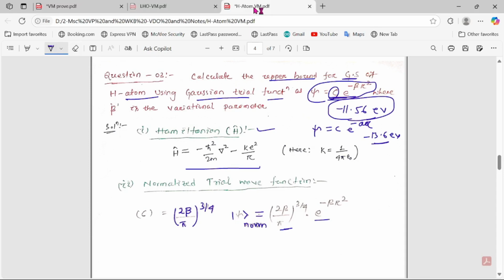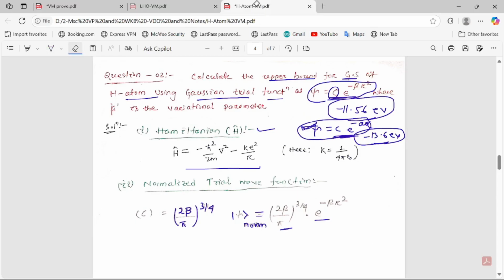But when we use the exponentially decreasing three-dimensional wave function, we can approach it. So which is the better trial wave function that we finally consider? This one, C e to the minus ar, is the most appropriate wave function to find the ground state energy of the hydrogen atom.